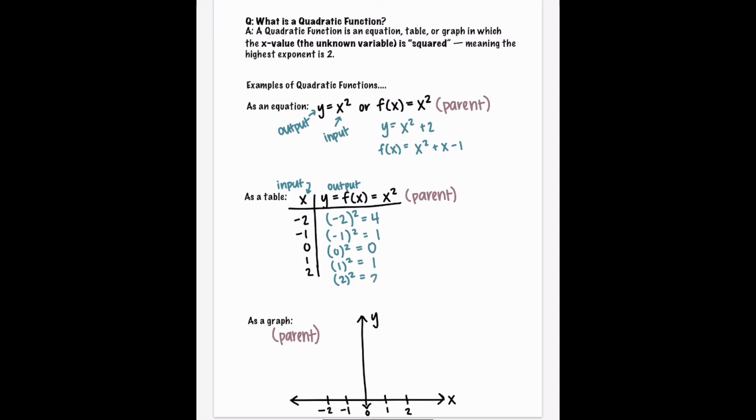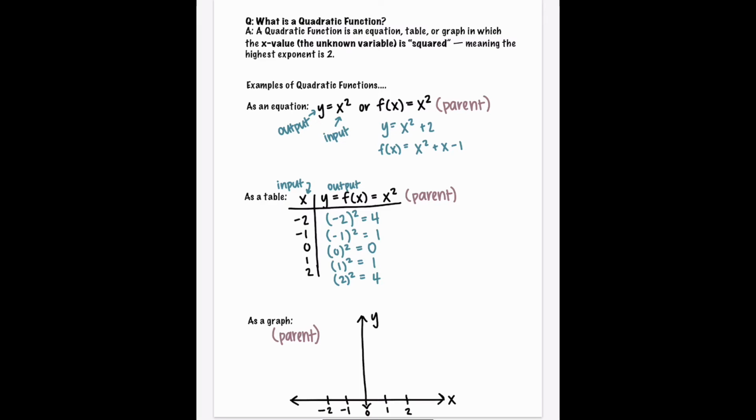And 2 times 2 is positive 4. So notice that you see this kind of mirrored pattern going on here. That's going to affect what the graph looks like. So let's move over to the graph of a quadratic function.